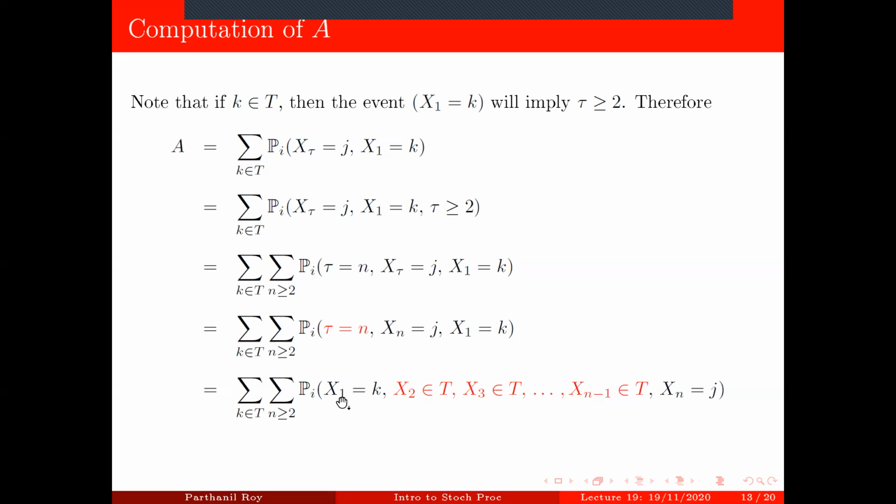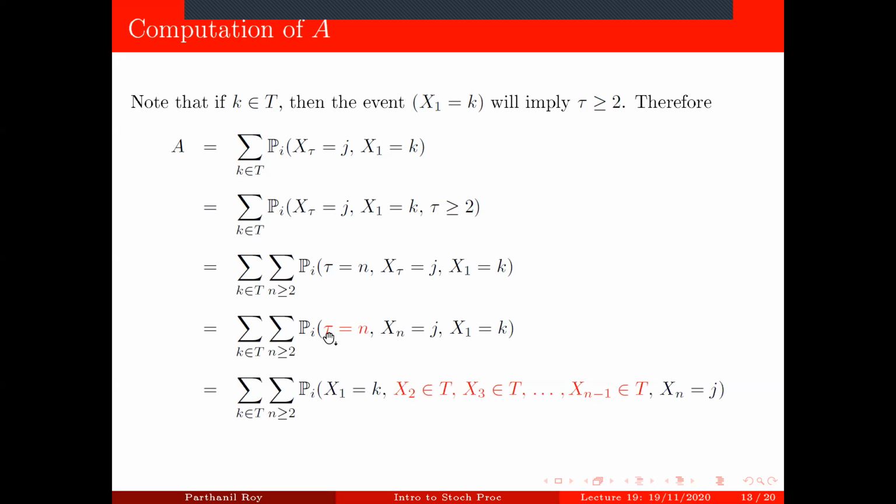So starting from i, we will first be at X1 equals k. So the first step will be at k. Then X2 all the way up to X_{n-1}, all of this will be inside T. We are still inside T. And X_n will be outside T, but X_n will actually be j, which is taken to be outside T. So automatically this will imply that tau is equal to n.